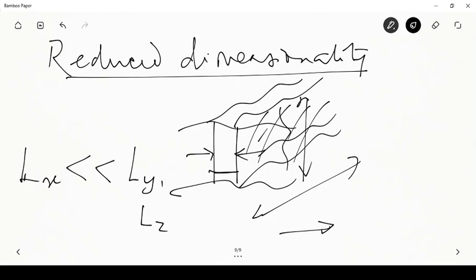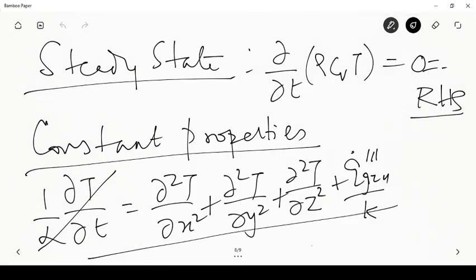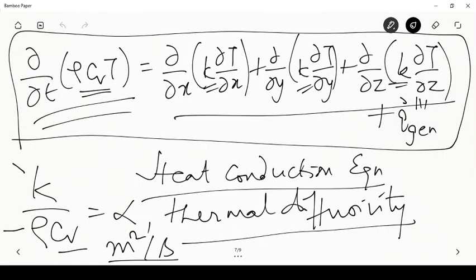So if you go back to the equations that you looked at, the gradients in the y direction and z direction would become extremely small as compared to the gradients in the x direction, so that out of these three terms, the second term and the third term can be dropped as negligible as compared to the first term.